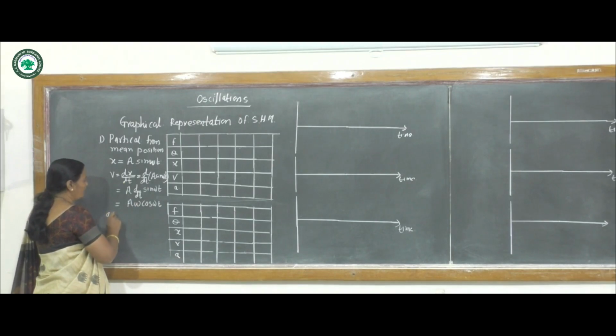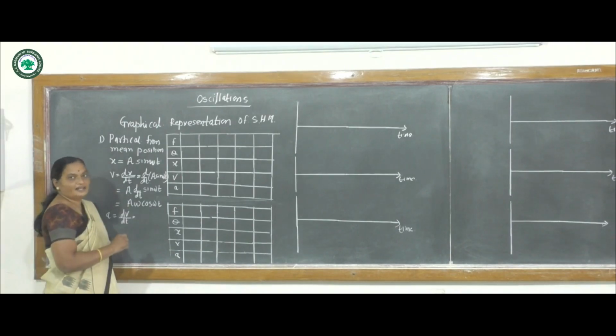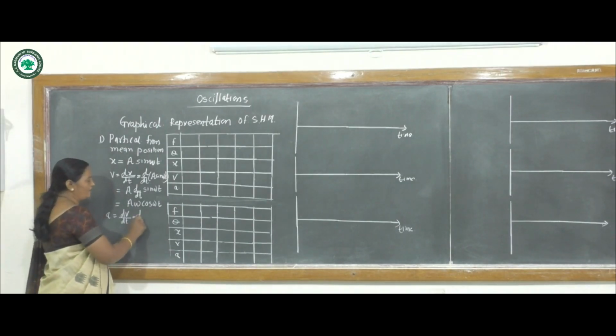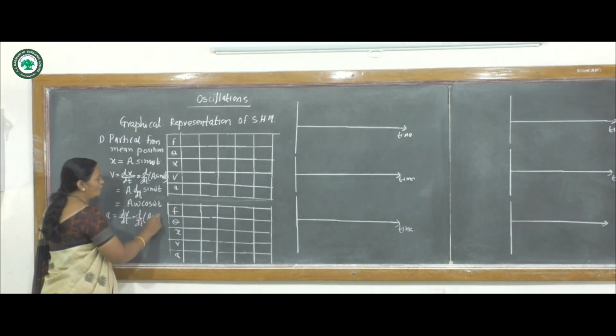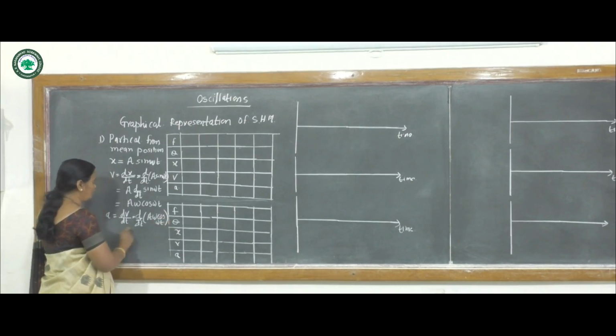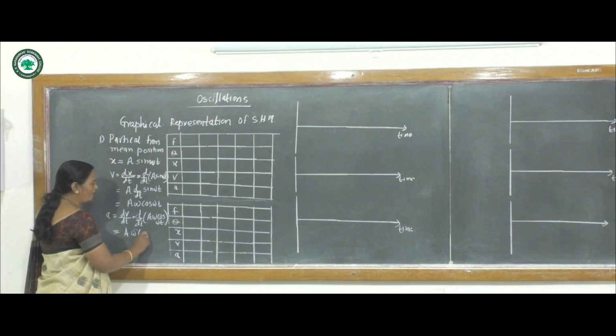Now we find the acceleration. Acceleration is the rate of change of velocity. Therefore d by dt of v, that is a omega cos omega t. Here a omega is constant and the derivative of cos omega t is omega sine omega t, but with a minus sign.